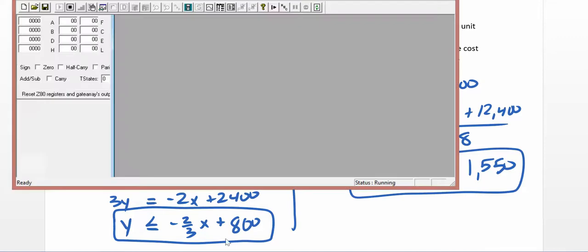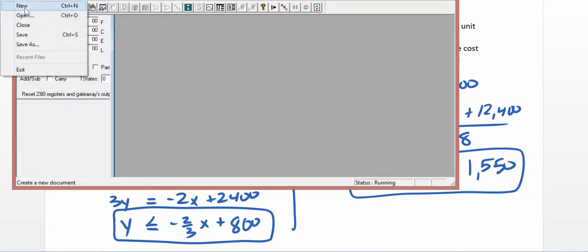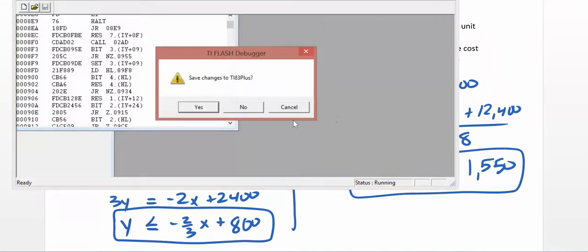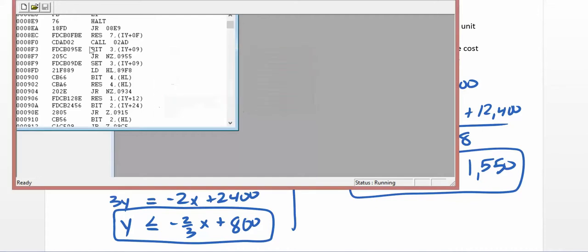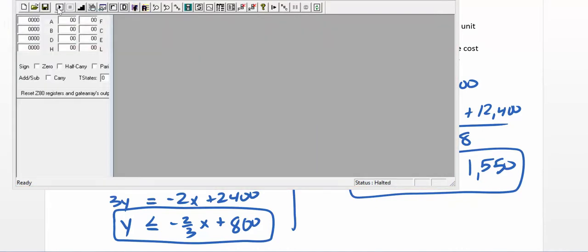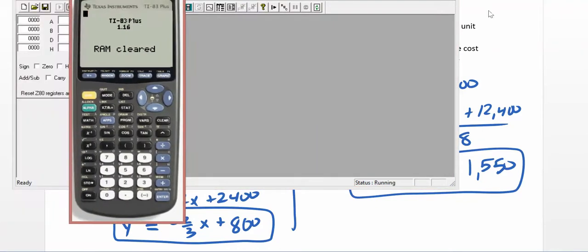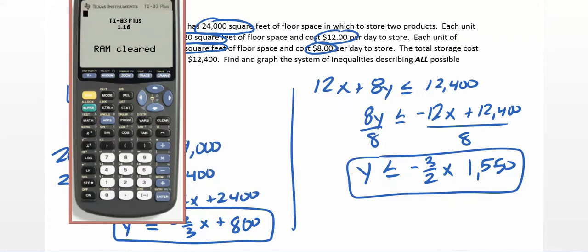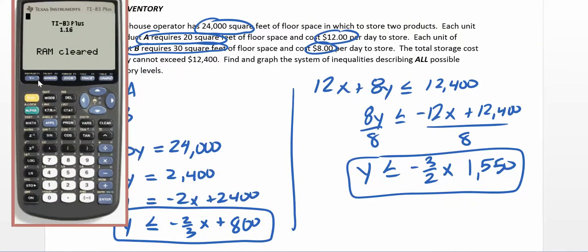Okay, so I'll pull up a graphing calculator, go File, New. All right, say OK, and hit play. There we go. Okay, so I want to graph both of these that I already have written down here and then fix my window. So y equals negative 2/3 x, and then I'll add 800 to it.